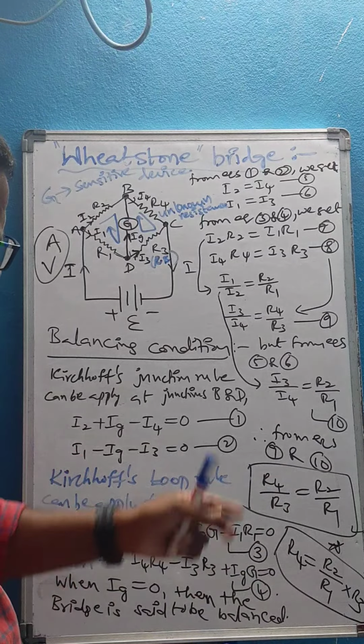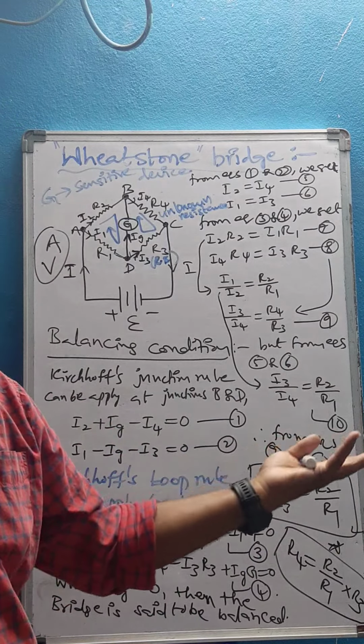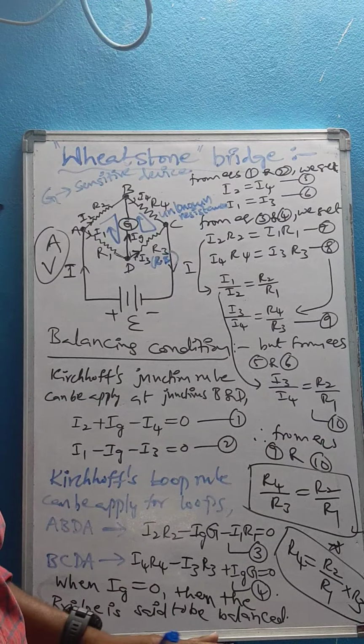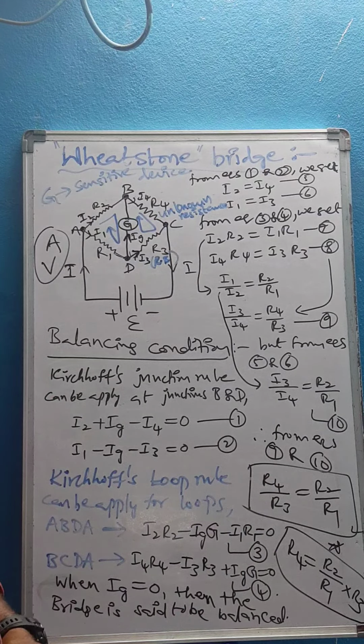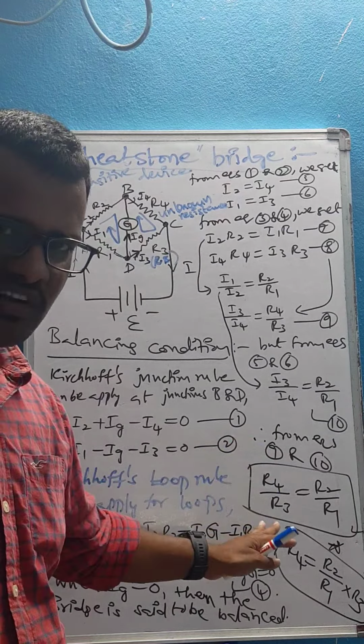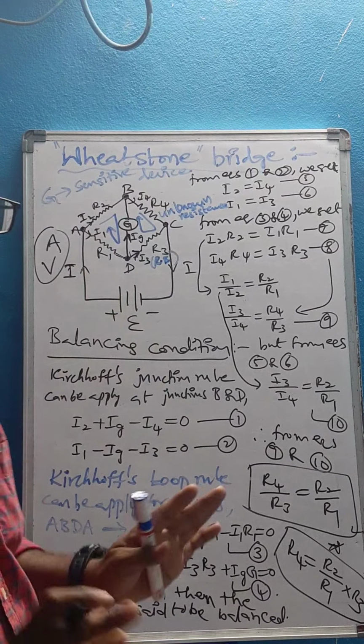R4 by R3 equal to R2 by R1, or R3 by R4 equal to R1 by R2, whichever. Here R4 is the unknown resistance and R3 is the known resistance. Using the known resistance, we can calculate the unknown resistance using the Wheatstone bridge.